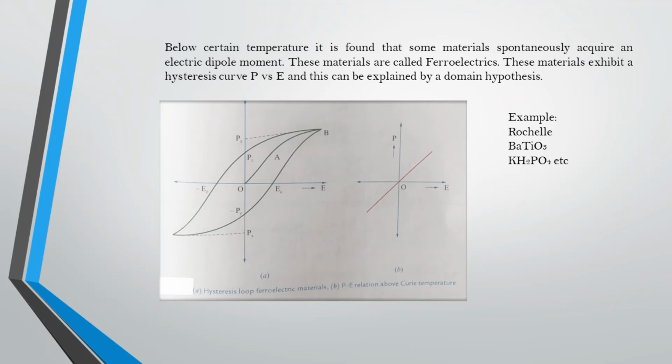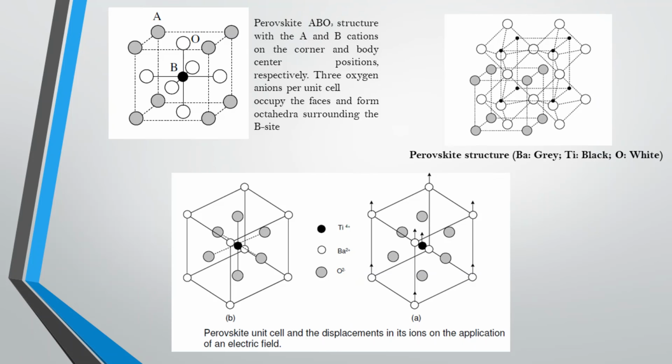Examples are barium titanate, also known as BaTiO3, and other ferroelectric ceramics. It has a special type of structure called the perovskite structure. So it has an ABO3 structure. Here barium is A, titanium is B, and O3 is oxygen.